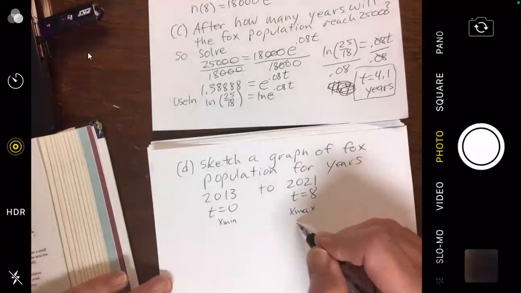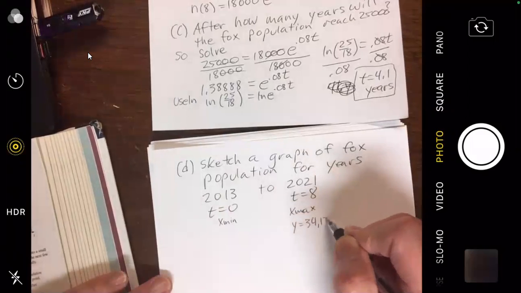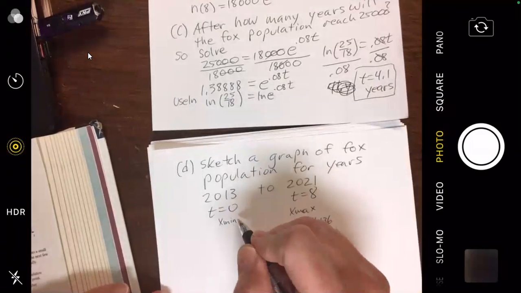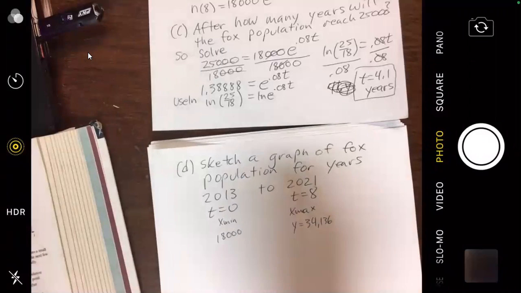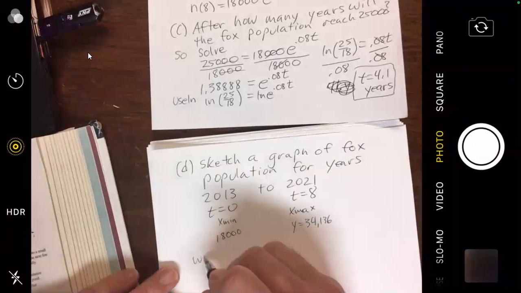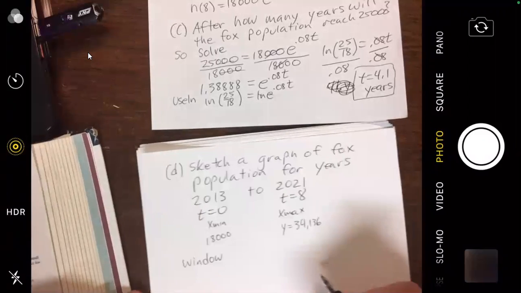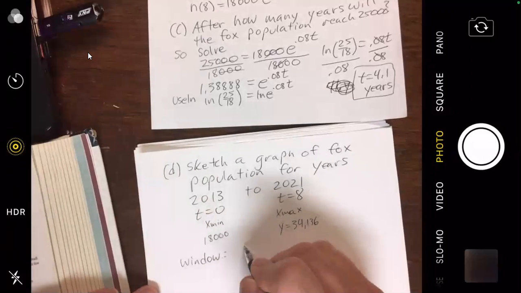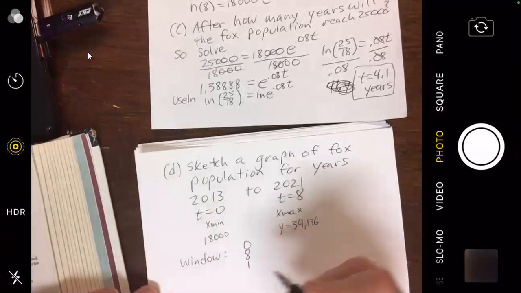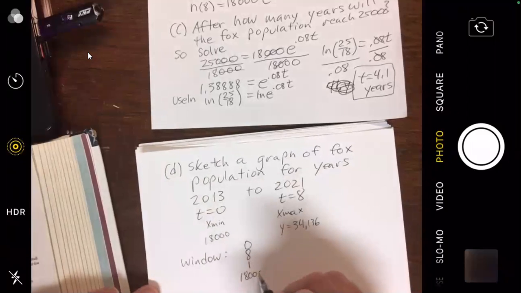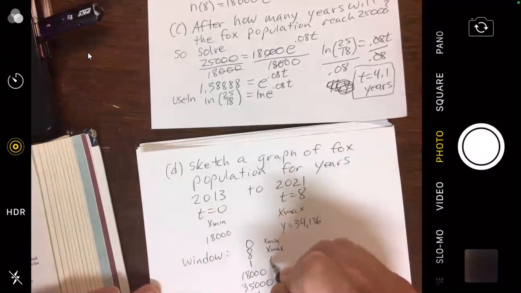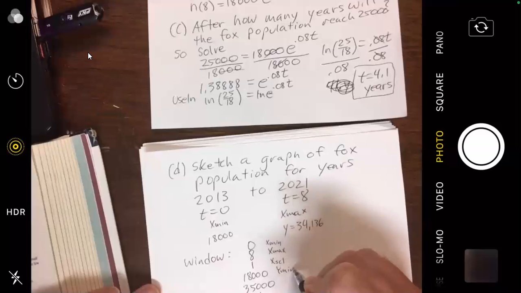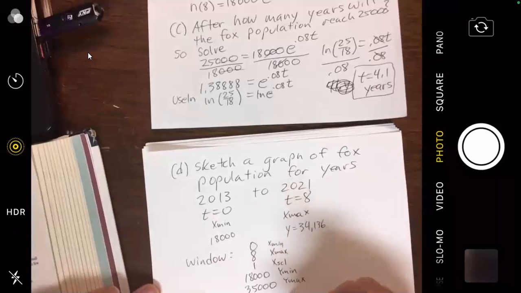T equals 8 worked out to y of 34,136, and t equals 0 worked out to 18,000. So for your window: 0, 8, 1, then 18,000, let's make it 35,000, again by 1. This is your x min, x max, x scale, y min, y max, y scale.